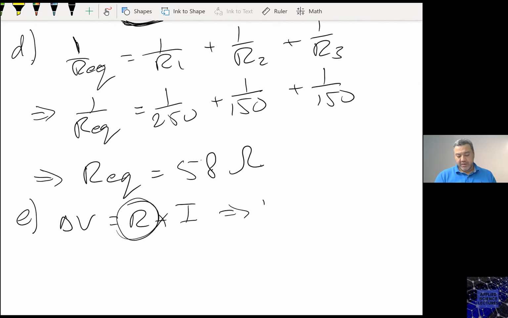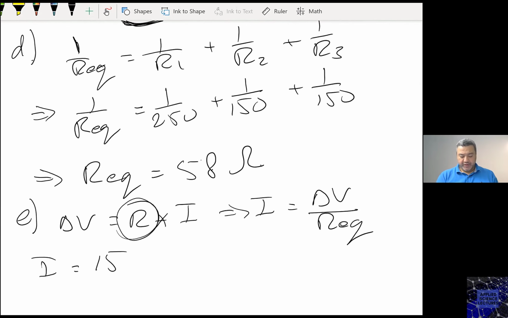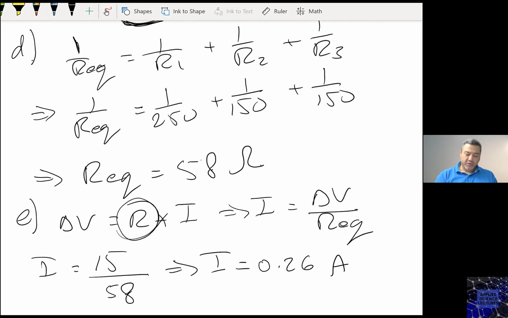So I equals delta V divided by R equivalent, and I, the current, equals 15 divided by 58. Then I equals 0.26 ampere. So this is the current supplied by the battery, and also that's the current that is entering the R equivalent.